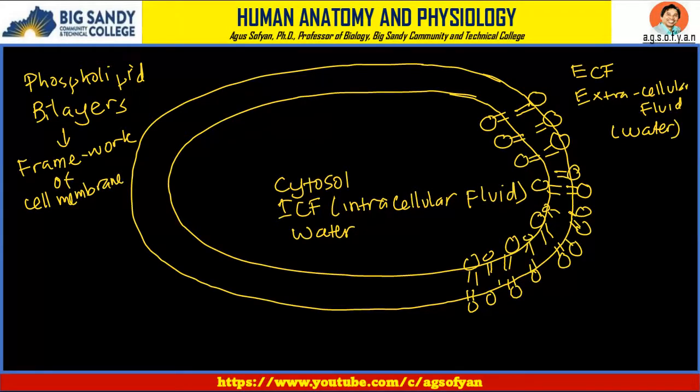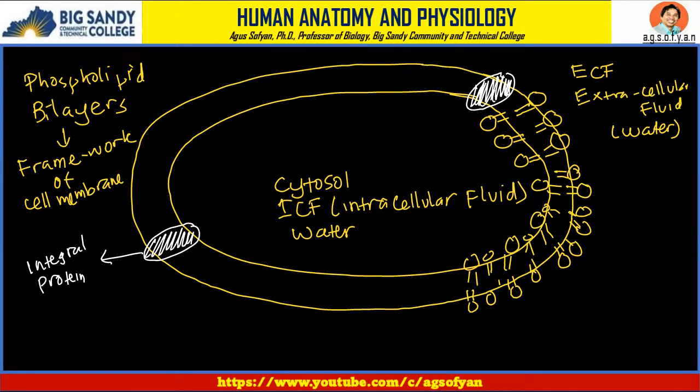One of the molecules is called protein. So proteins will also be present in the cell membrane. And there are two types of proteins based on the structure. The first one is the protein that crosses the cell membrane, and this protein is called the integral protein.